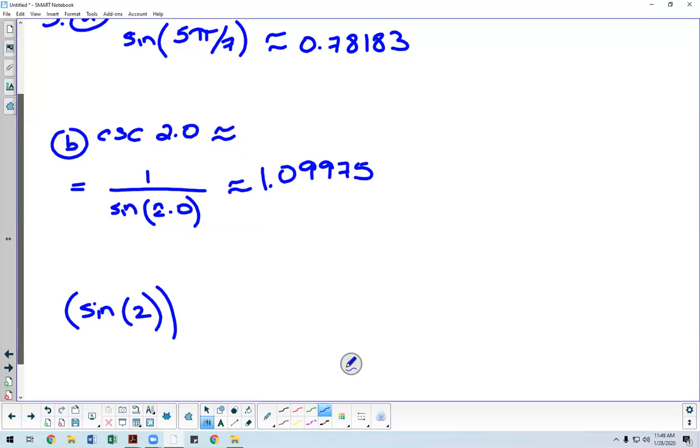You would actually start with parentheses, then do your x to the -1, and that should work. I didn't try it that way. So let's see, parentheses, sine of 2, inverse. So yeah, that's working. So you either use the x to the -1 key, or this is what I actually normally do, which is just do 1 over sine of 2.0.